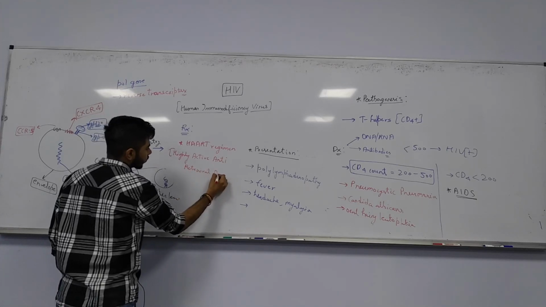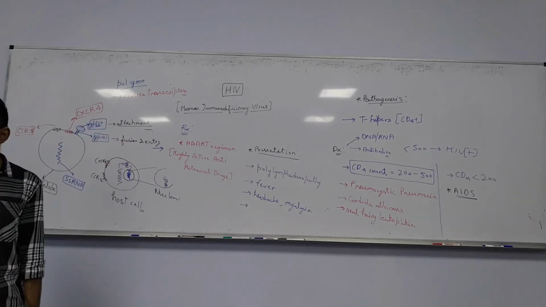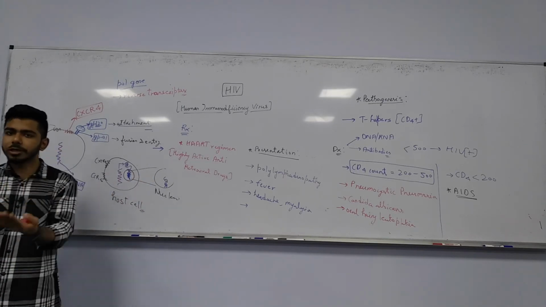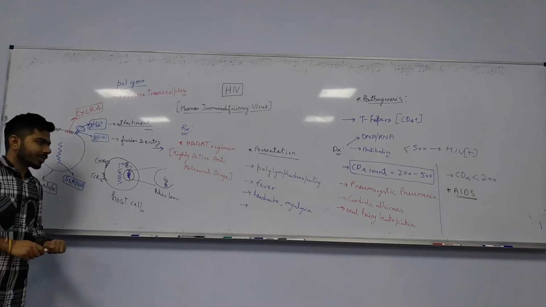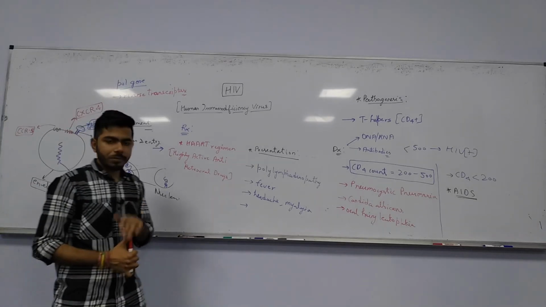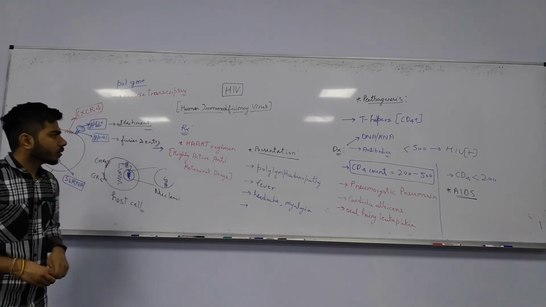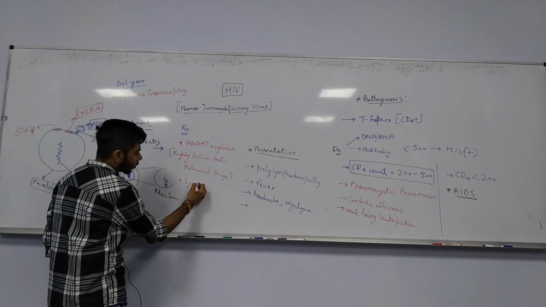Highly active antiretroviral drug. We know that it was a retrovirus, right? So we need to work against this retrovirus, so that will be the antiretroviral drug. The HAART regimen will be used in this particular case. Further, the patient will be having symptomatic treatment, obviously.